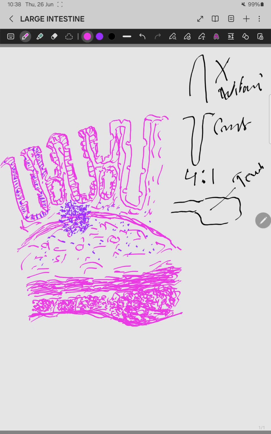Mesothelial cells can be there. Then put nuclei for all this: nuclei for the circular muscle fibers and also for the longitudinal muscle fiber and also for the mesothelial cells, you can see here.